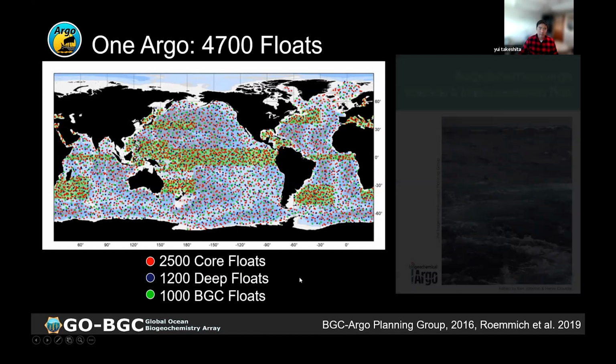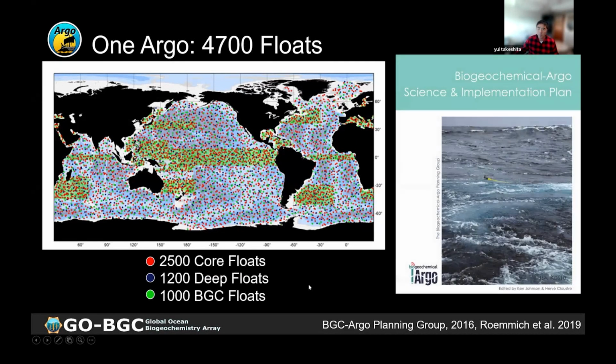The number of 1,000 BGC floats was justified through various approaches, which is summarized in the Biogeochemical Argo Science and Implementation Plan. If you haven't read this document, I think it's great, and I highly recommend reading it to get the background of biogeochemical Argo and some of the justifications of why the target array size is 1,000 floats.